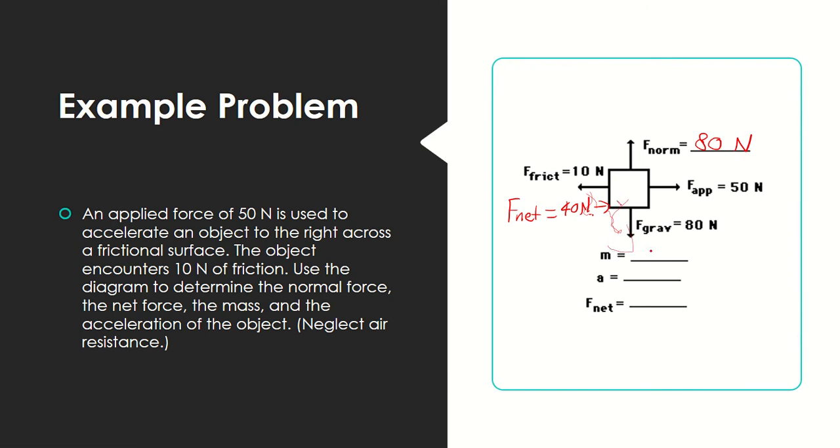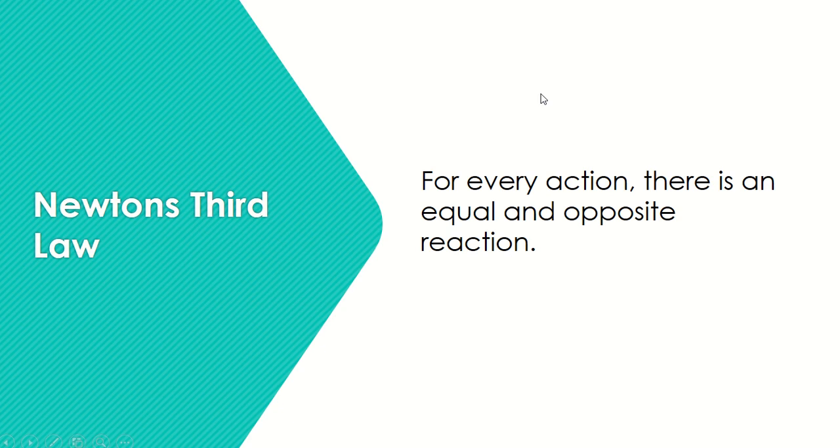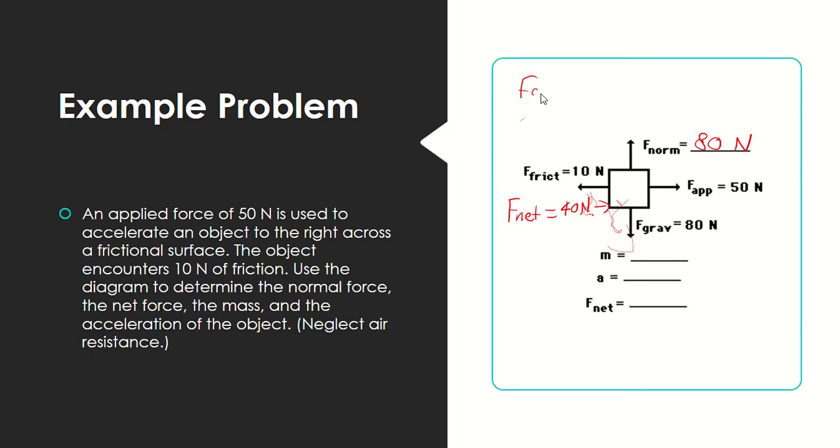Now, the mass. We need to work out the mass of the object. Well, we can work out the mass because the force due to gravity, or the weight, is equal to mass times gravity.